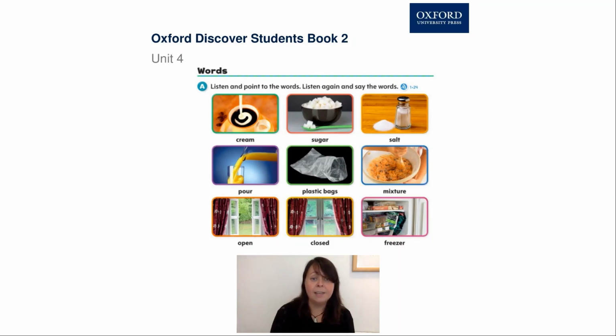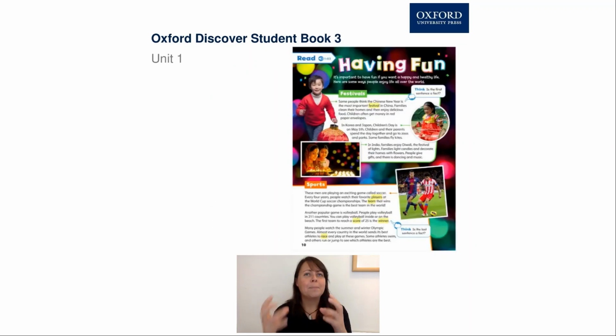They see it visually, they hear it, they use it receptively before they're asked to produce it. And yet there still may be a few words that it's just easier for you to explain in L1. For example, here, the word mixture, it might be easier to say it in L1 so they don't think that it's the verb mix. So it's not the end of the world to use L1.